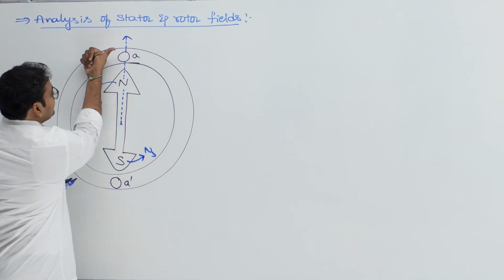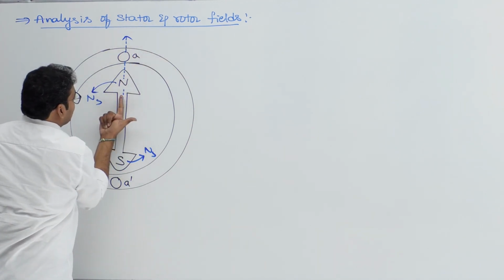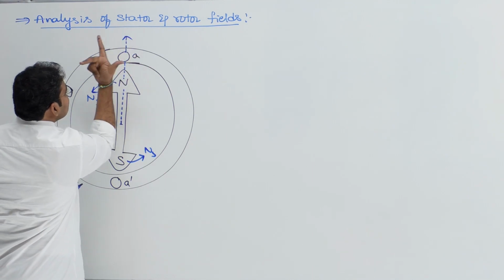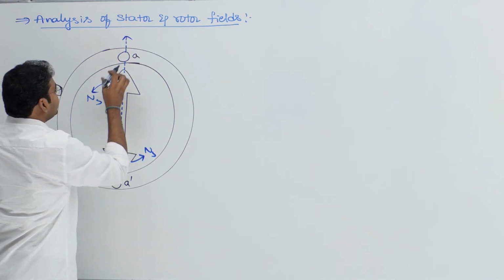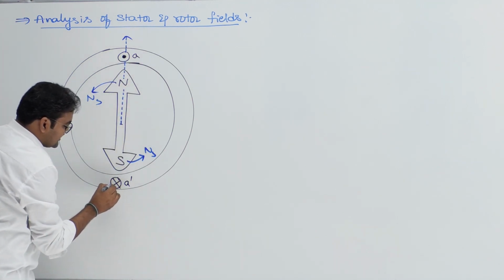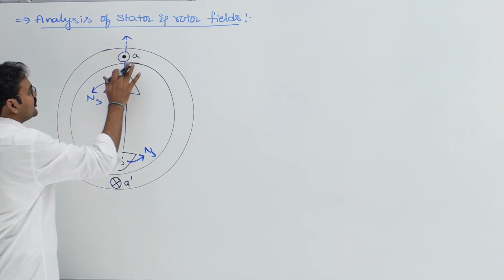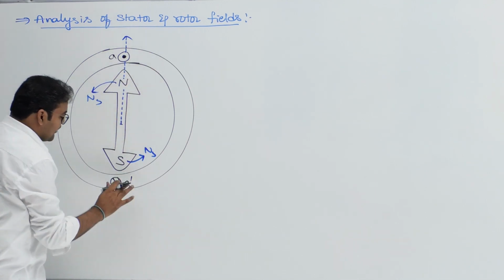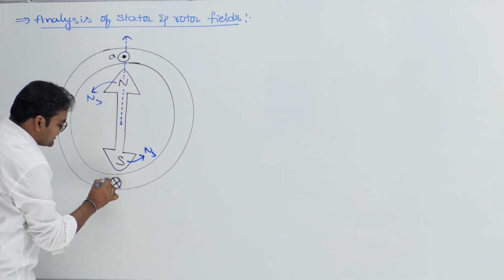Clockwise. Therefore, A is moving to the right side. North pole is emitting the flux. EMF is out of the plane, so it is a dot polarity. A dash will have a cross polarity. So we have induced EMF in conductors A and A dash.